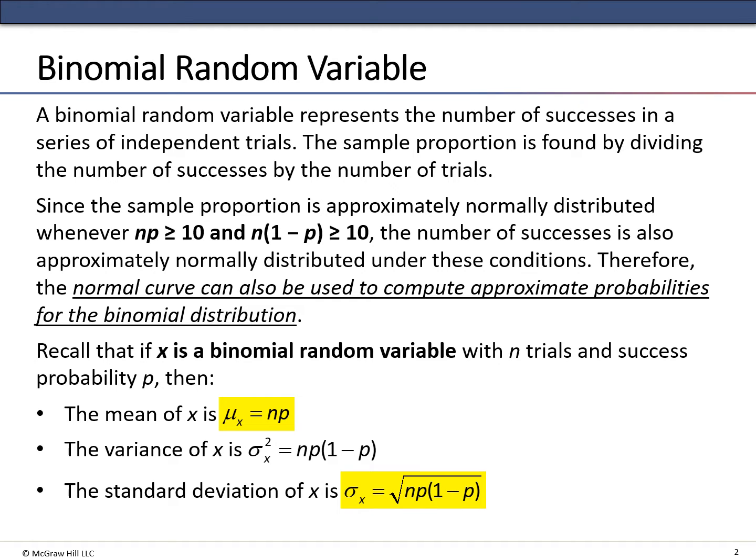The variance of x, sigma squared sub x, is equal to np times 1 minus p, and the standard deviation of x, sigma sub x, is equal to the square root of n times p times the quantity of 1 minus p. And in all of these, n is the number of trials, and p is the success probability.